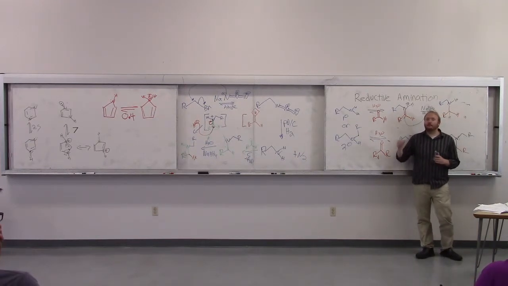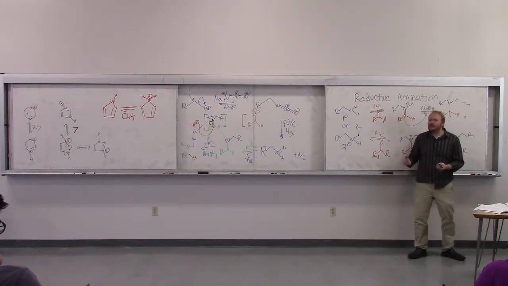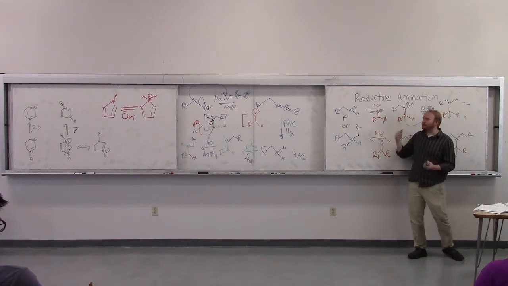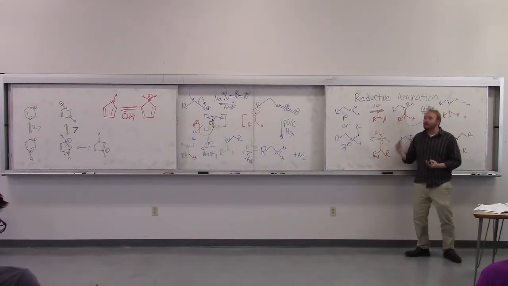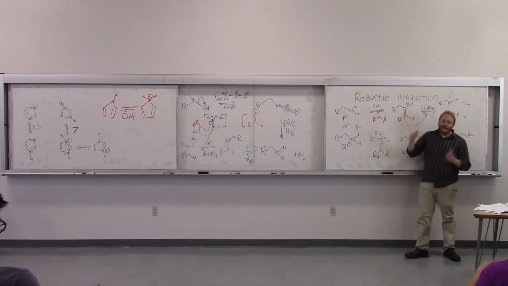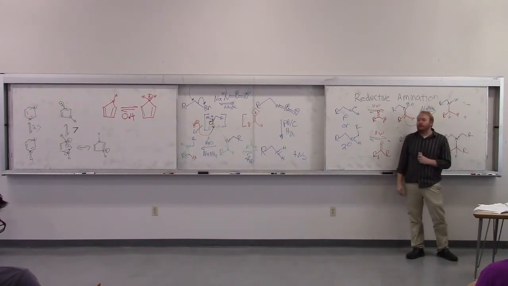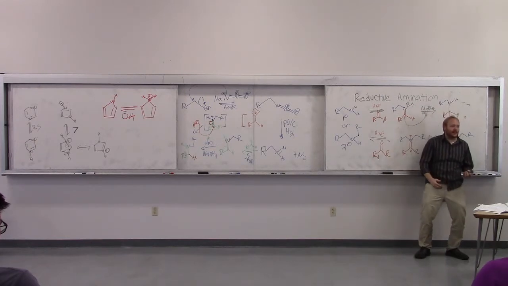So this reductive amination gives us a level of control where we can only make it so it reacts once, because in these conditions you can only form the imine once.